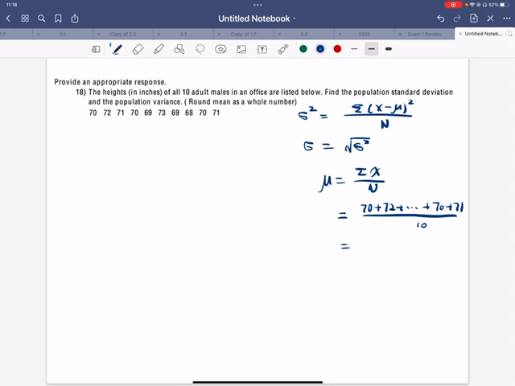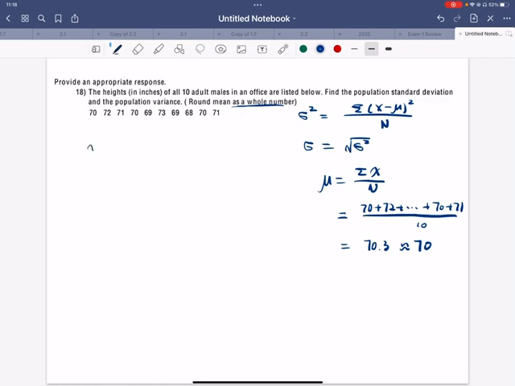I have 703. They want us to round the mean to a whole number, which is wonderful, so that calculation will be easy. Now we have the mean.